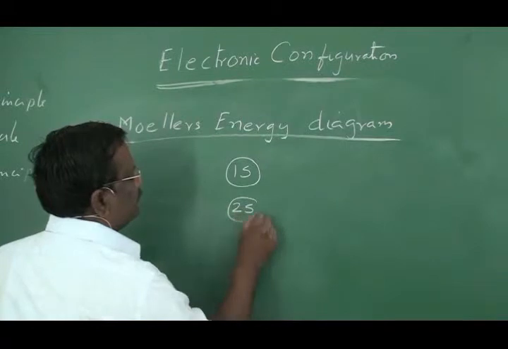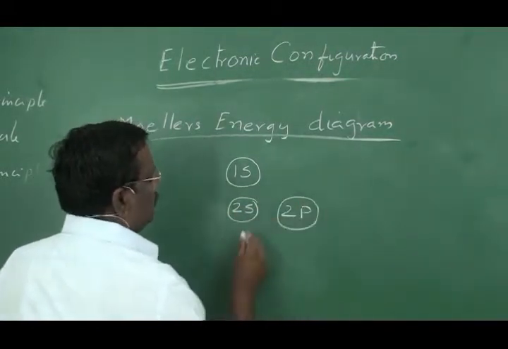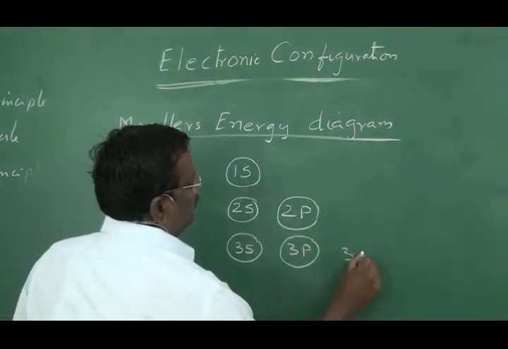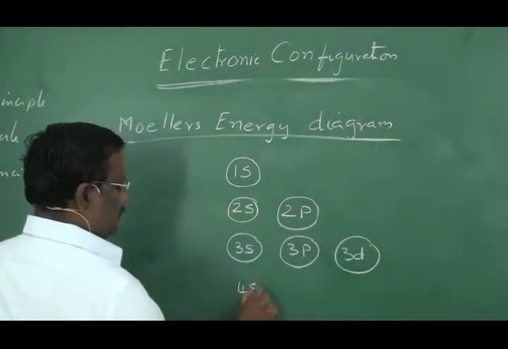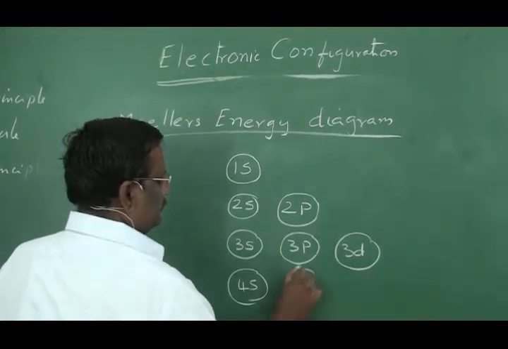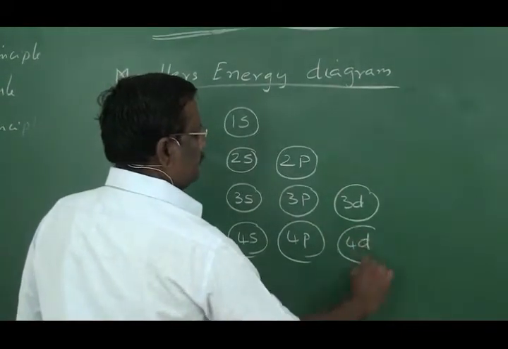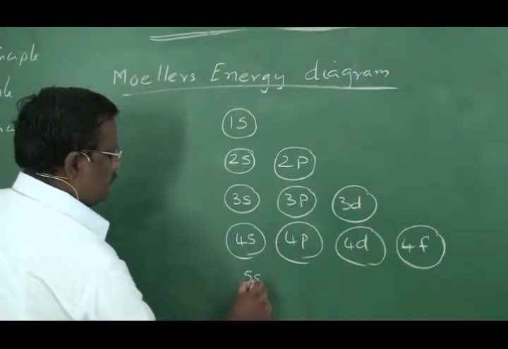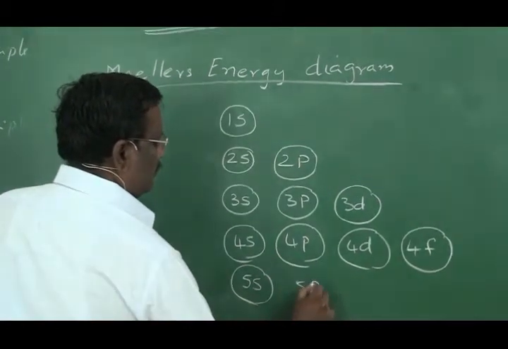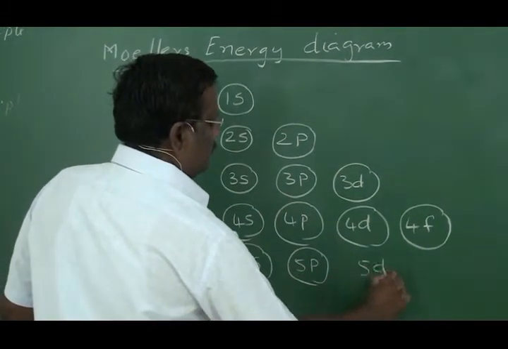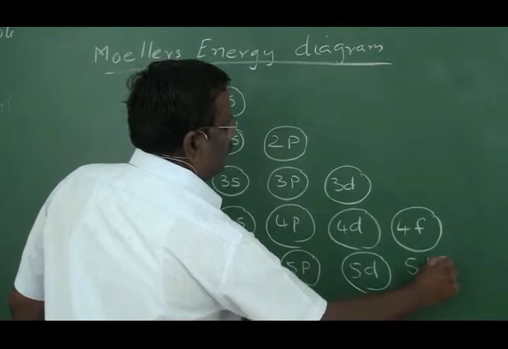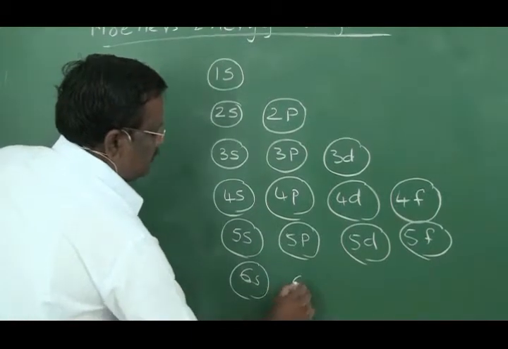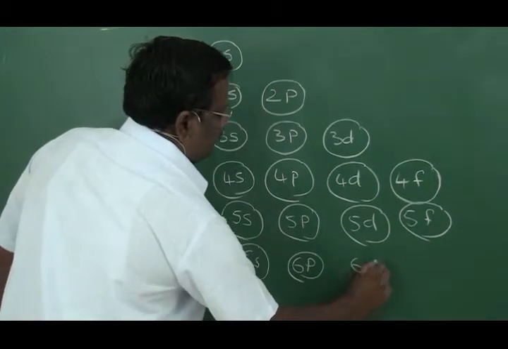So 2s, 2p, 3s, 3p, 3d, 4s, 4p, 4d, 4f, 5s, 5p, 5d, 5f, 6s, 6p, 6d.